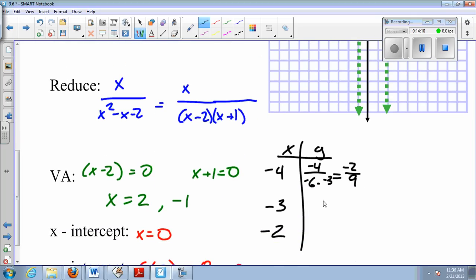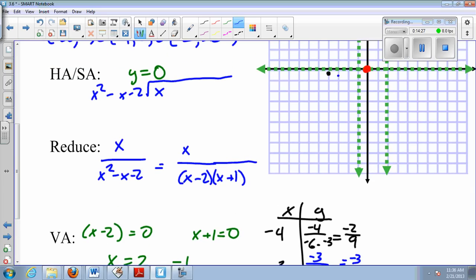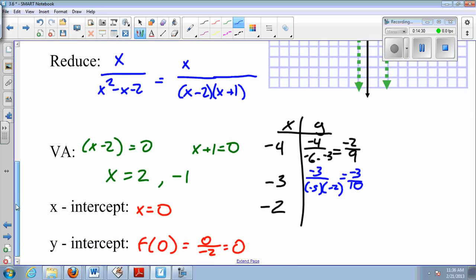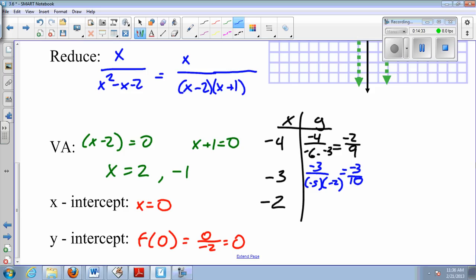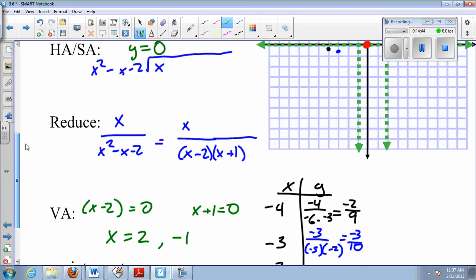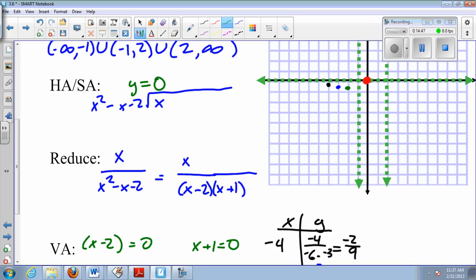Okay, -3 is going to go -3 up top, over -5 times -2, goes to -3/10. -2 is going to go -2 over -4 times -1. And that goes to a -1/2. So we see how the curve is going.